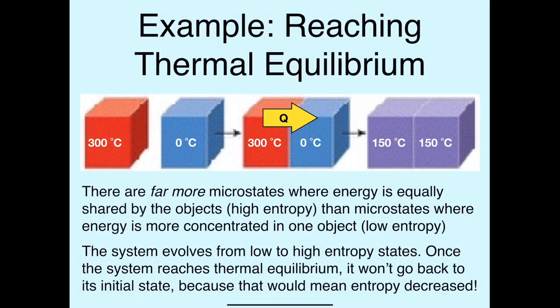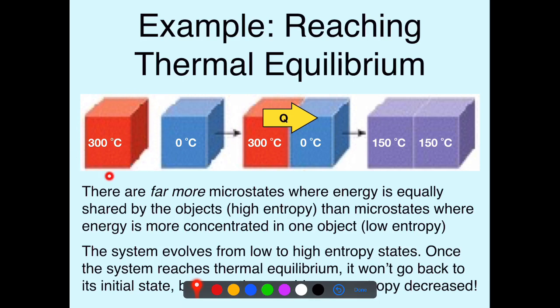Okay, so the next example I want to show you deals with thermal equilibrium. This is something we started talking about at the very beginning of the semester. The idea being that if we have two objects, one of them is hot, the other is cold, and we allow them to touch, we allow them to make contact, heat is going to flow from the hot object to the cold object.